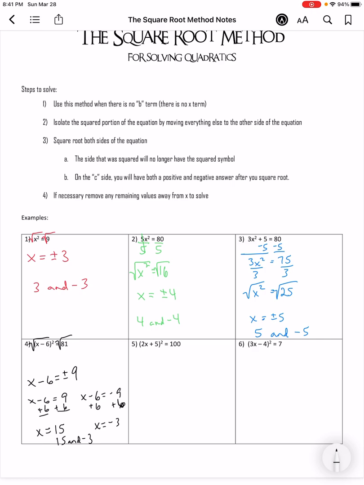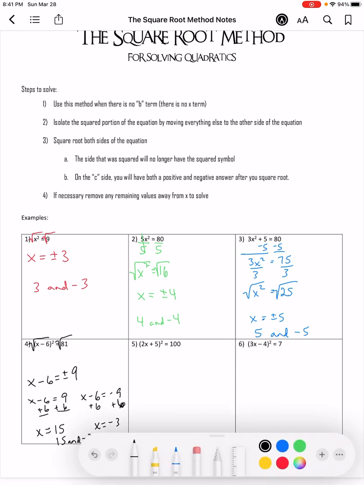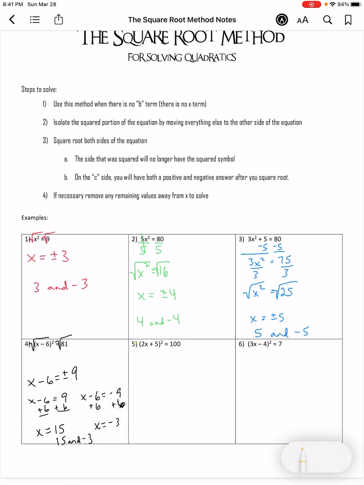All right, going to number 5, we have (2x + 5)² = 100. Again, because the entire thing is squared, we're going to simply start with a square root of both sides. So now 2x + 5 equals a positive or a negative 10.